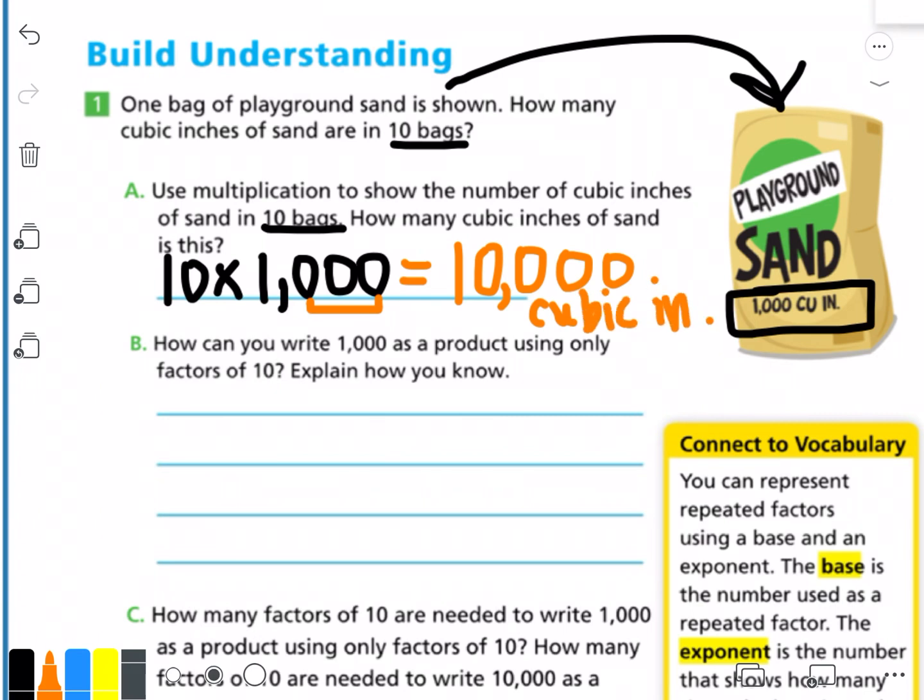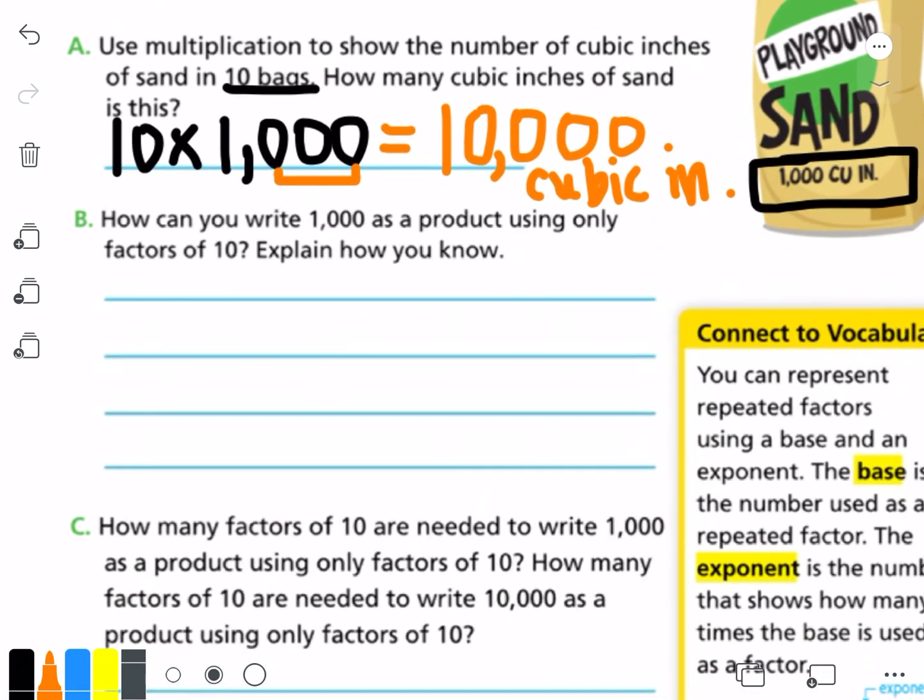Make sure you always have units on there. Cubic inches is your unit. So the answer to A is 10 times 1,000 equals 10,000. Very good job. Now let's move on to B. It says, how can you write 1,000, here we go, as a product using only factors of 10?